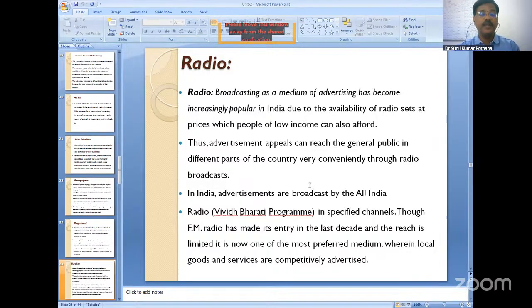FM radio has made its entry in the last decade. The reach is limited. It is now one of the most preferred media wherein local goods and services are competitively advertised.